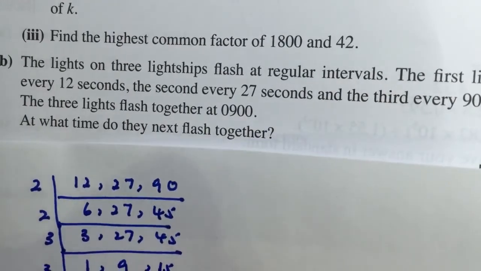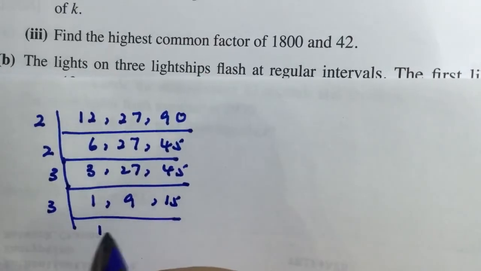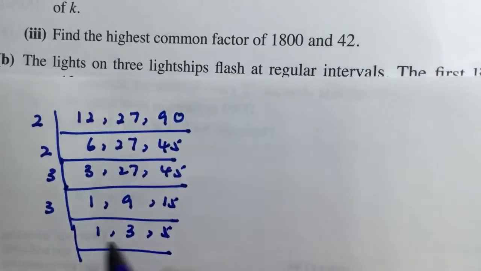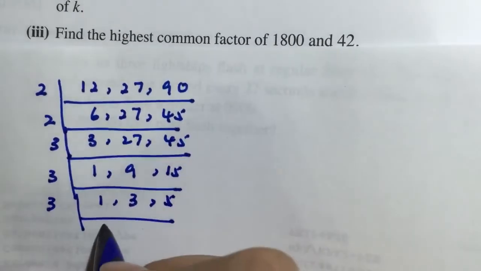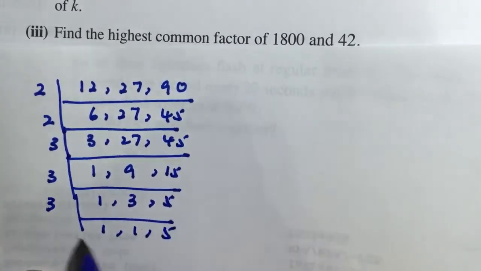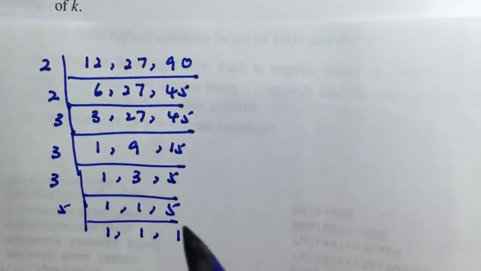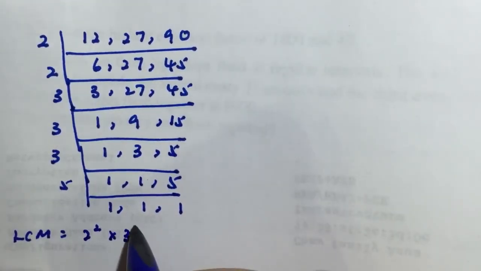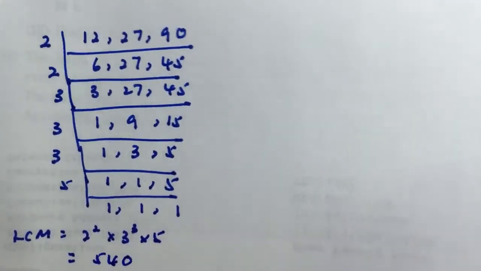I'll use 3 again: 1, 3, and 5. Use 3 again: 1, 1, 5. And then I'm going to use 5, so I get 1, 1, 1. So my LCM will be 2 squared times 3 cubed times 5, which will give me 540.